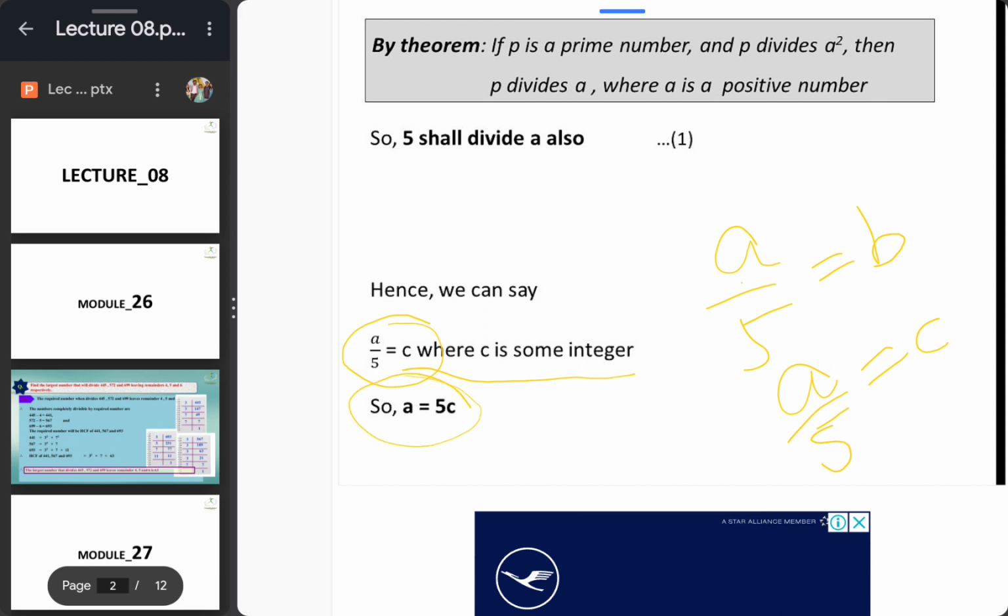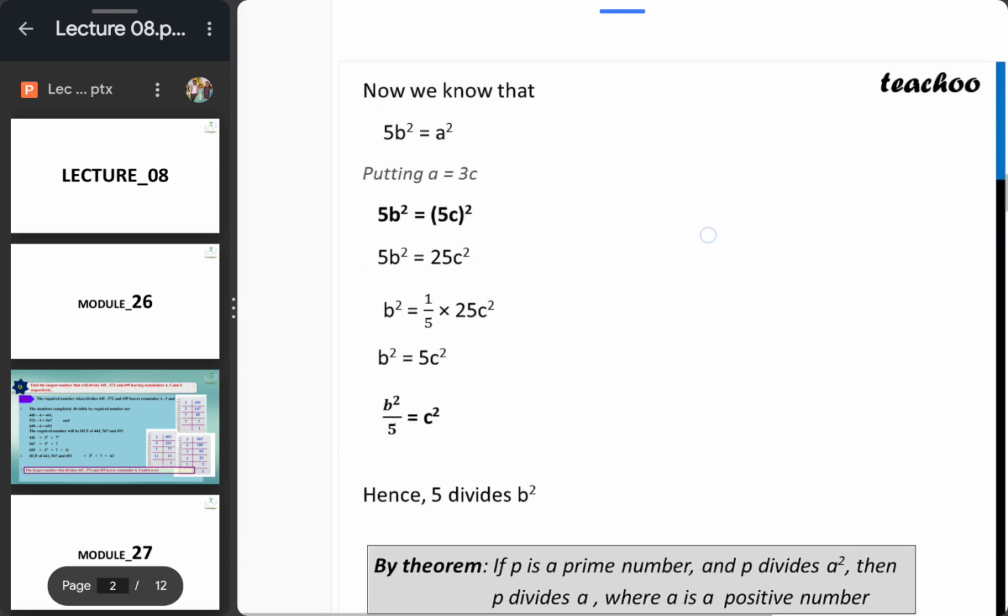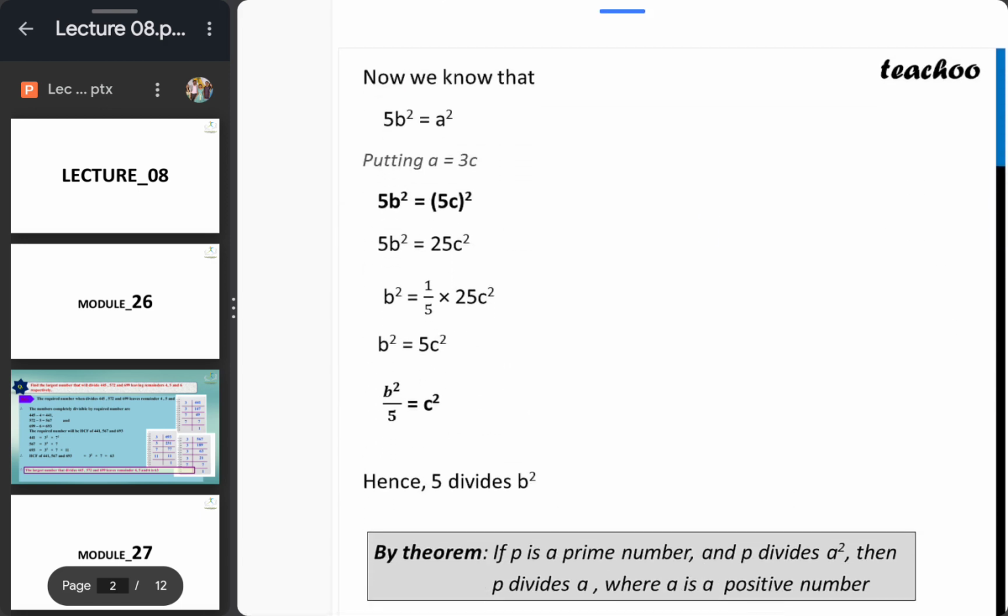So a is equal to 5c. Now we already know that 5b squared is equal to a squared. Putting a equal to 5c, we get 5b squared is equal to 5c squared.